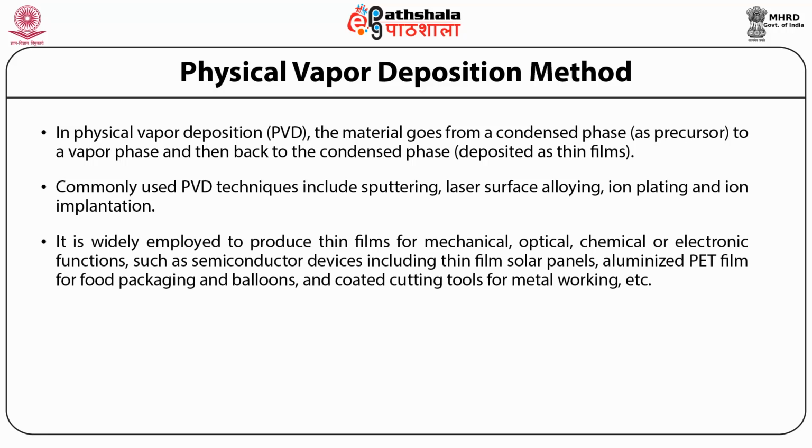It is widely employed to produce thin films for mechanical, optical, chemical, or electronic functions such as semiconductor devices including thin film solar panels, aluminized PET film for food packaging and balloons, and coated cutting tools for metal working, etc. The most frequent coatings developed by this technique are titanium nitride, zirconium nitride, chromium nitride, titanium aluminum nitride.